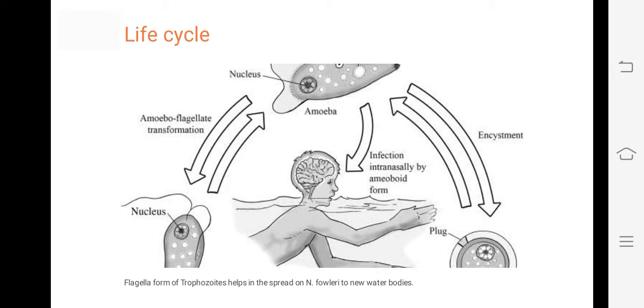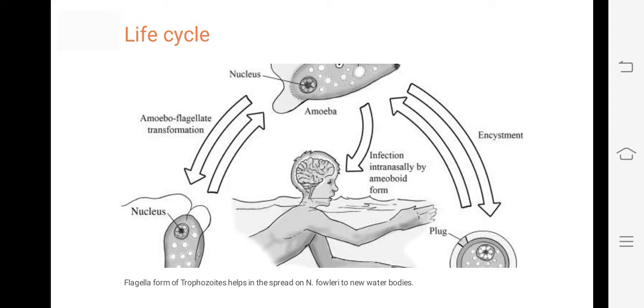You can see in the picture the flagellate form and the cyst form. These two cannot infect a person, since it usually targets children and young adults. This amoeboid form is the only one that can infect a person.